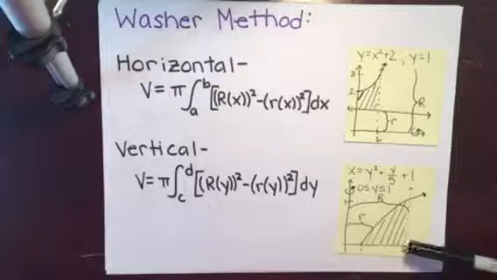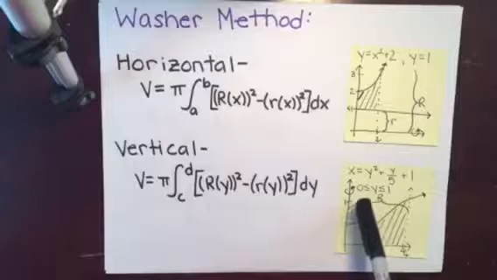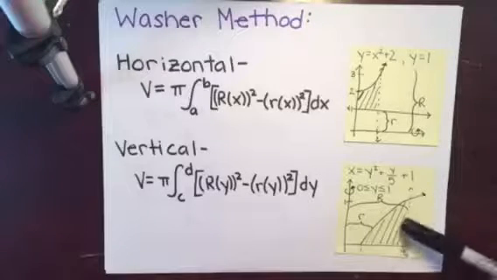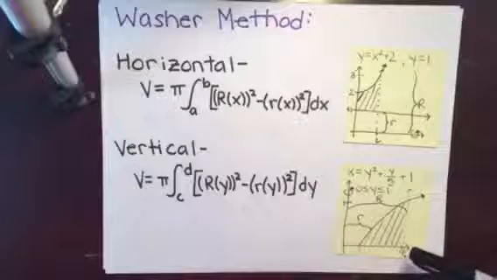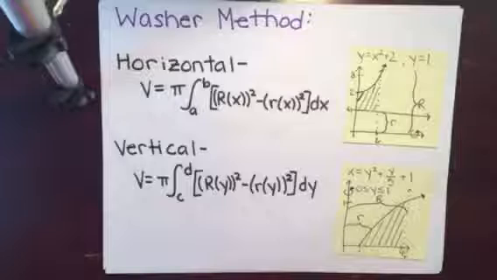Again, we just want to integrate in terms of y because we have our vertical axis of revolution along the y-axis, and this shaded region is also being revolved around that axis, and the function is in terms of y. So that's how you know the washer method is best to use in that case.